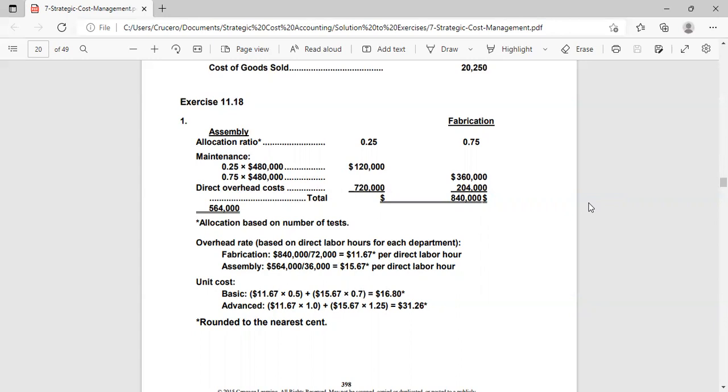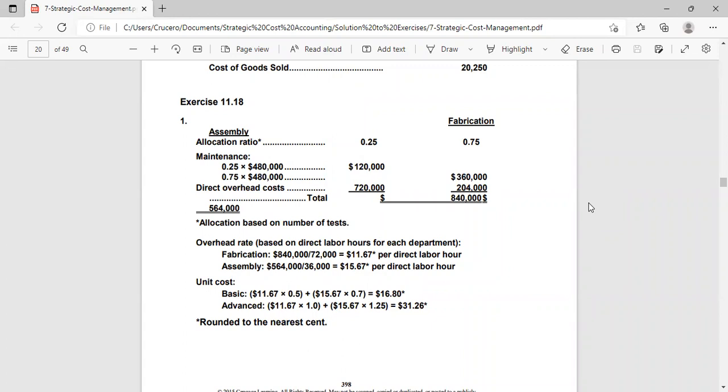Bunker also has an inspection department that is responsible for testing monitors to ensure that they perform within specified tolerance ranges. So a sampling procedure is used. Budgeted data for the 3 departments are as follows.